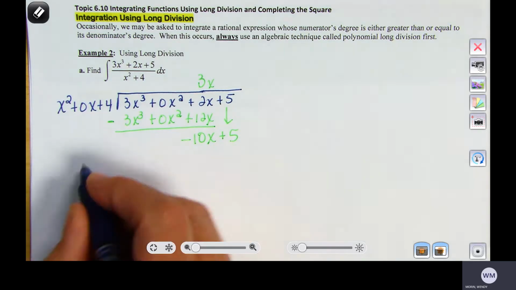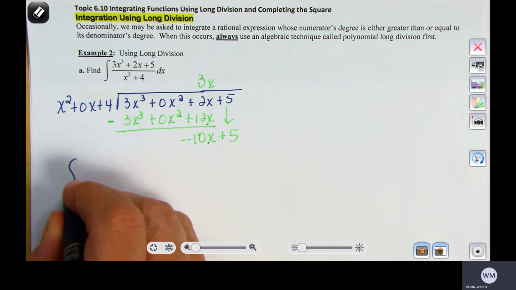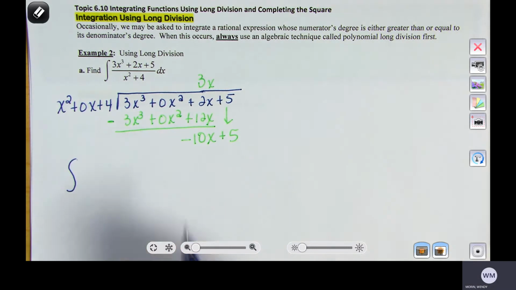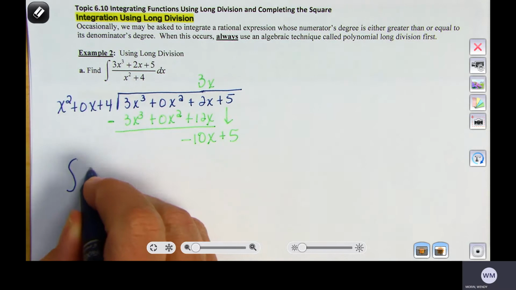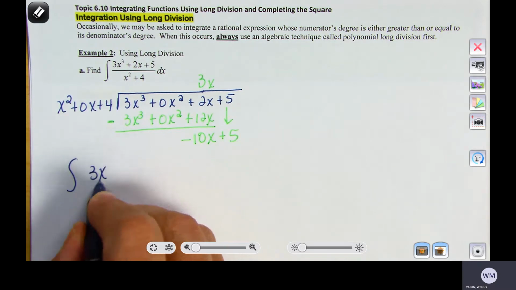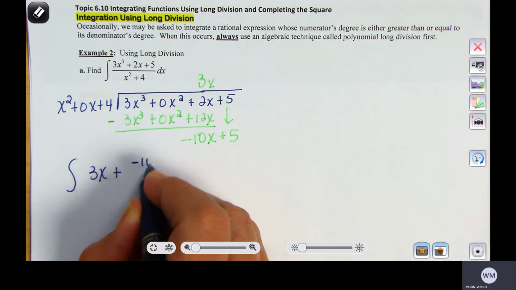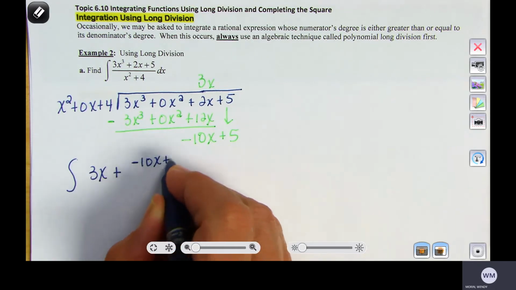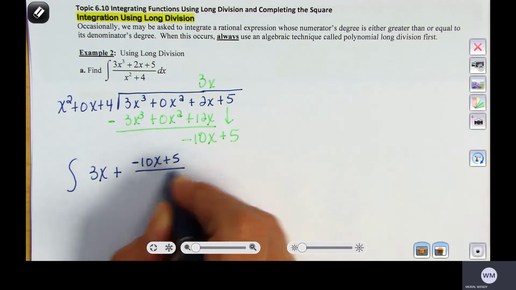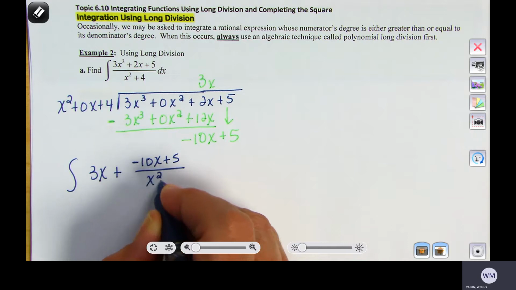So what you just found is that the original problem, this rational function, is equivalent to 3x plus negative 10x plus 5 all over your divisor.